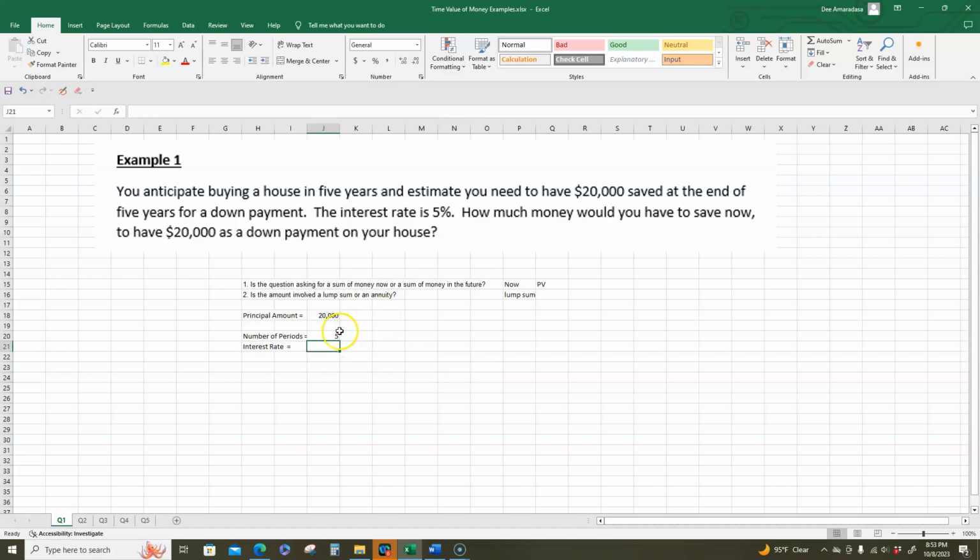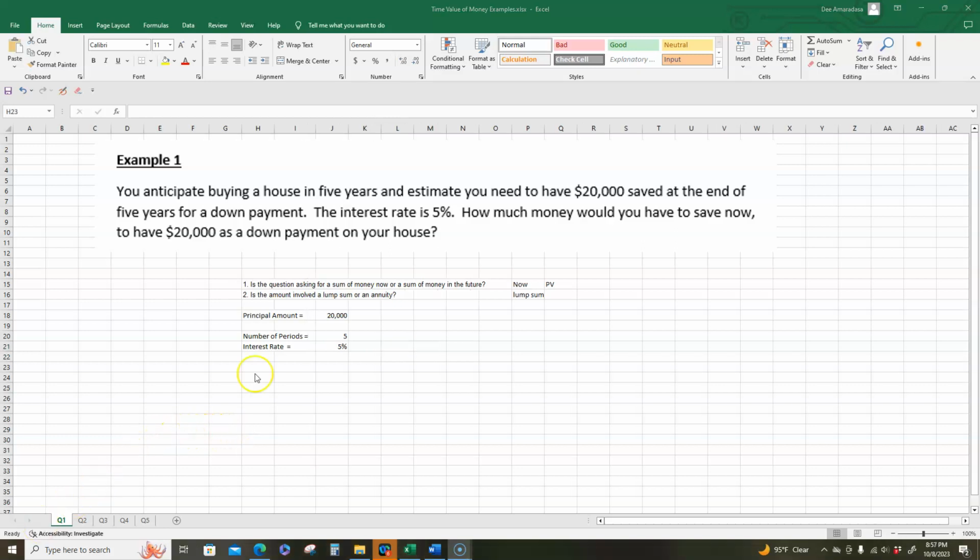So then number of periods is 5. Interest rate, therefore, is also 5. And later on, I'll do an example where the interest rate is compounded more frequently than annually. Now we have all the information we need to calculate the amount of down payment on the house. So let's calculate the present value.